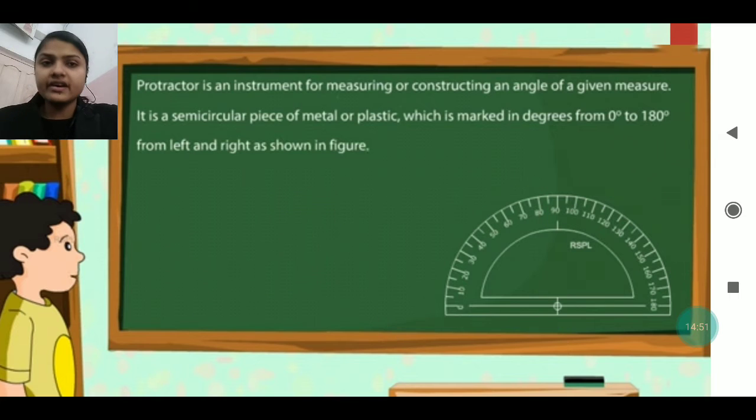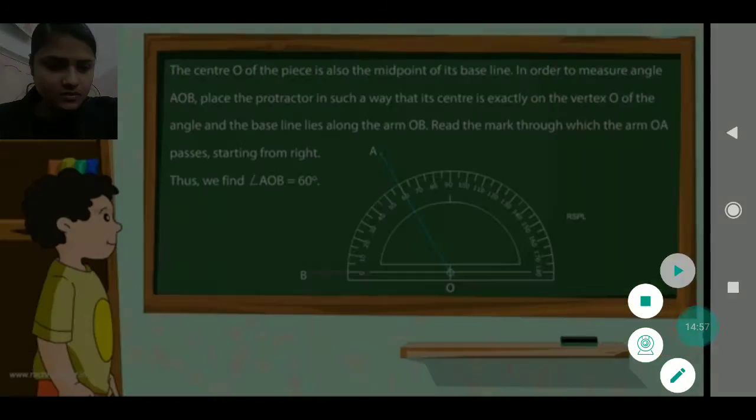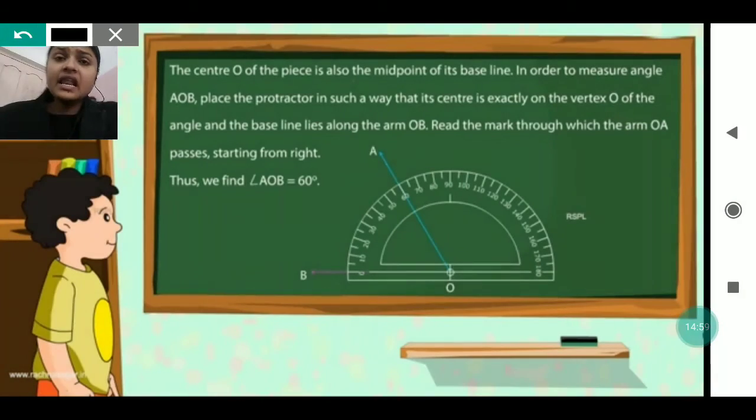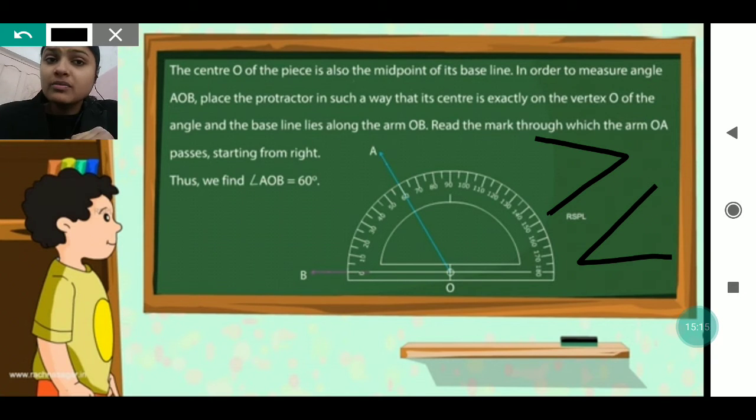We have already done this, but you are still getting confused about how to use the protractor, so I am explaining it to you all again. You can see the center O, which is also the middle. Suppose there is one angle, and it is like this. So how will we do the measurement?